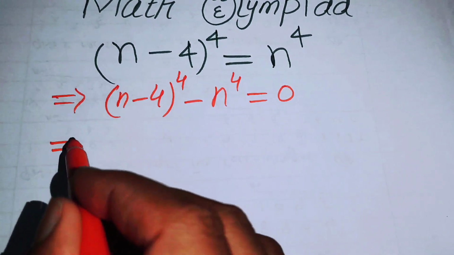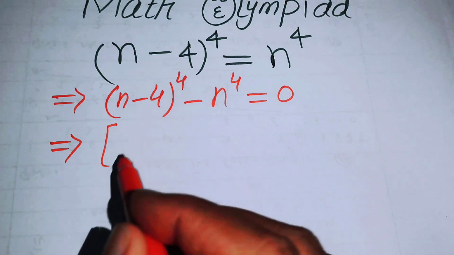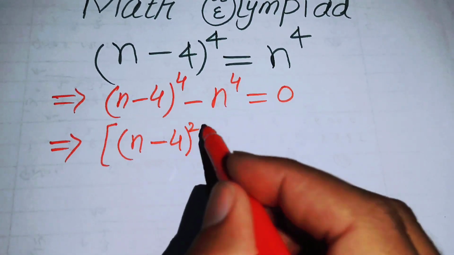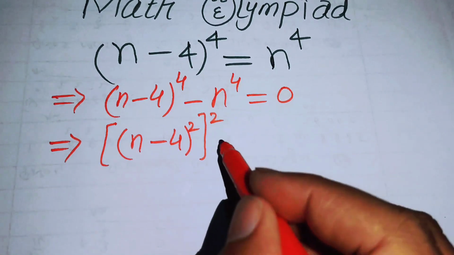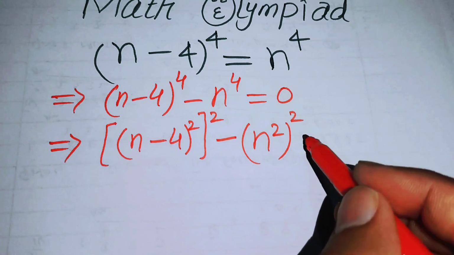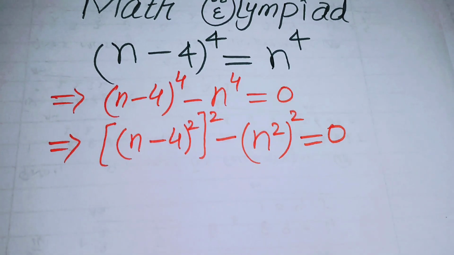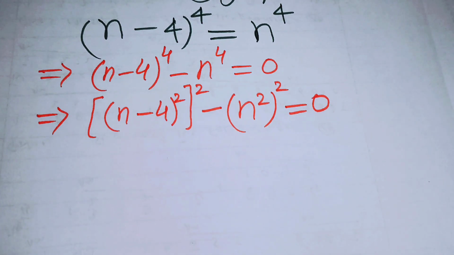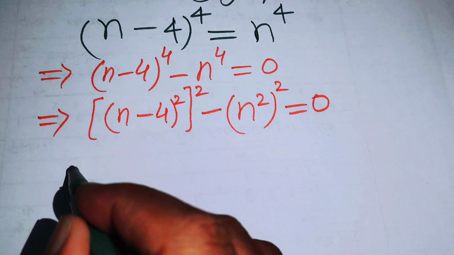After this step we will rewrite this equation in the form of ((n minus 4) whole square) whole square minus (n square) whole square, and this equation is equal to 0. And now you can see we can use the nice square formula, and you know about this one.